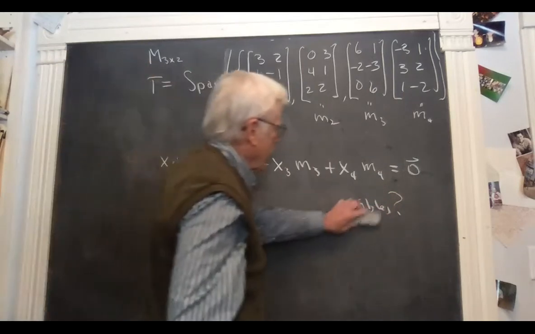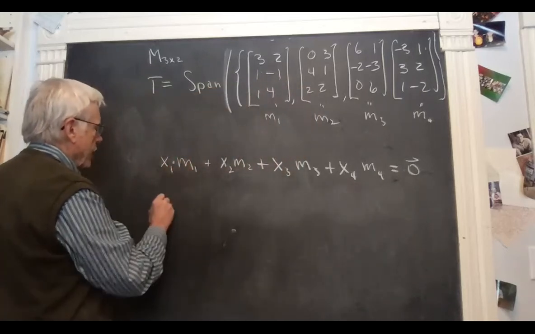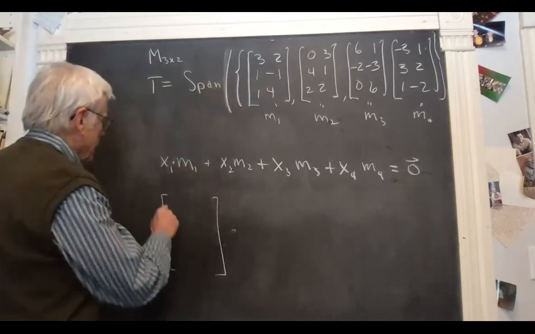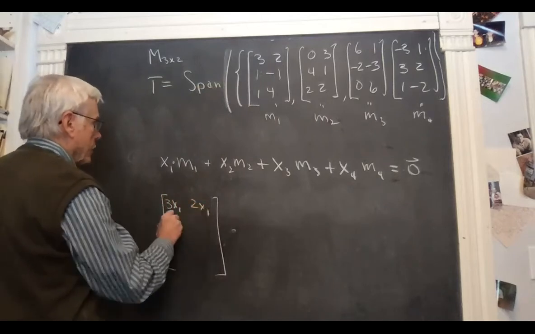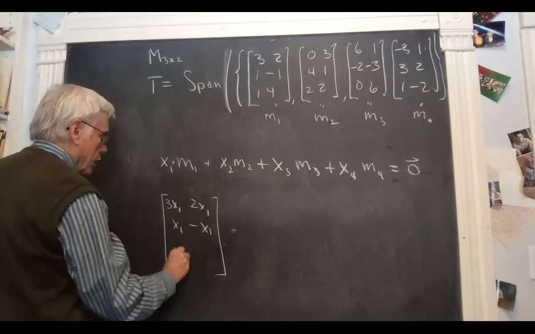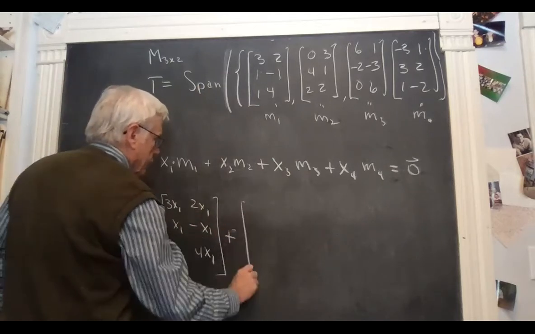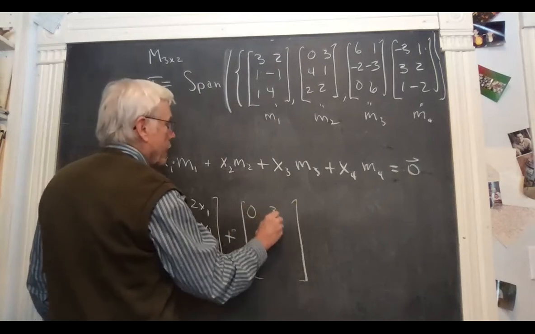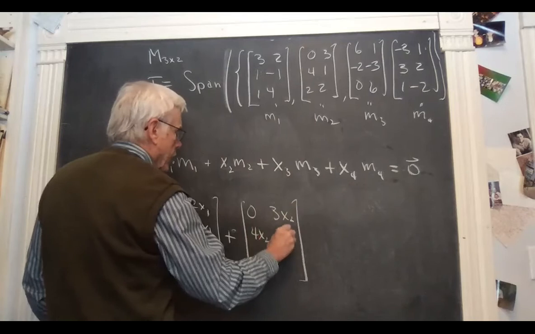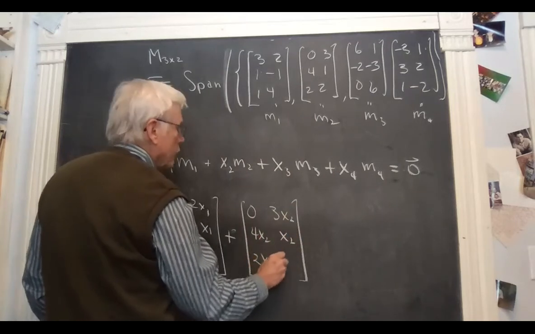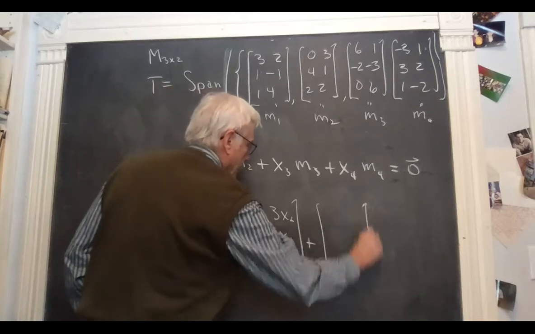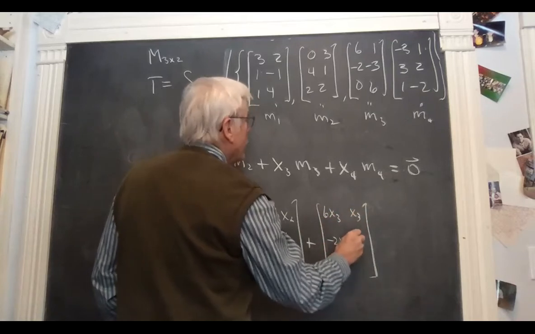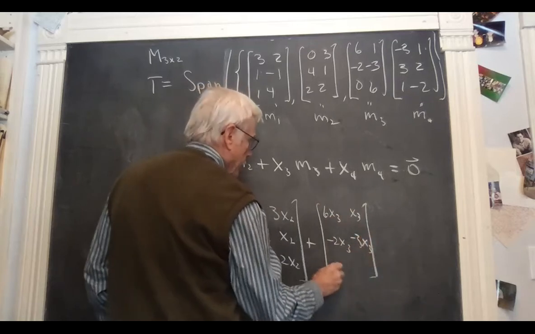Let's write this out. There's a lot of writing in this case, but x1 times M1 is a scalar multiple times M1, so this will be 3x1, 2x1, x1, minus x1, x1, 4x1, plus x2 times M2, so 0x2, 3x2, 4x2, x2, 2x2, 2x2, plus 6x3, x3, minus 2x3, minus 3x3, 0, 6x3.